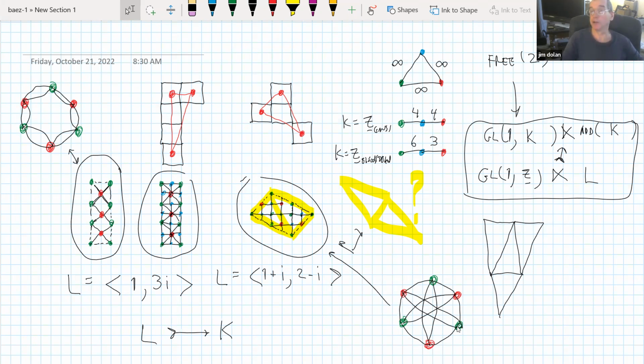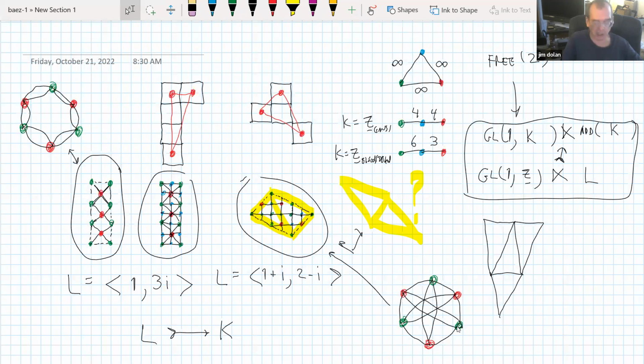Which bugs me a little bit, because every time somebody who can be trusted has given me an example of 2 designs in the same Grothendieck-Teichmüller orbit, it's always been without disturbing this non-planar graph structure. Whereas I seem to be claiming that these 2 things are in the same Grothendieck-Teichmüller orbit, even though they have different non-planar graph structures. So I'm actually worried about that.